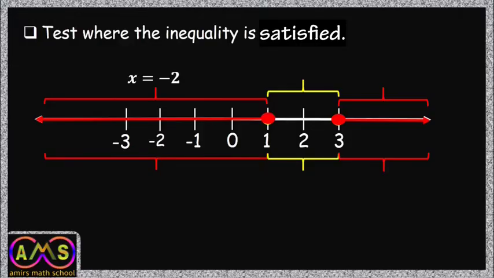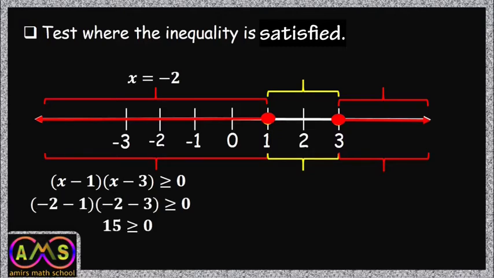From the first part, let's take x equal to minus 2. Then, substitute this value in place of x in the inequality to check whether the inequality is satisfied or not. That is, (x minus 1) times (x minus 3) greater than or equal to 0. In place of x, we substitute x equal to minus 2. In this case, we get 15 greater than or equal to 0.